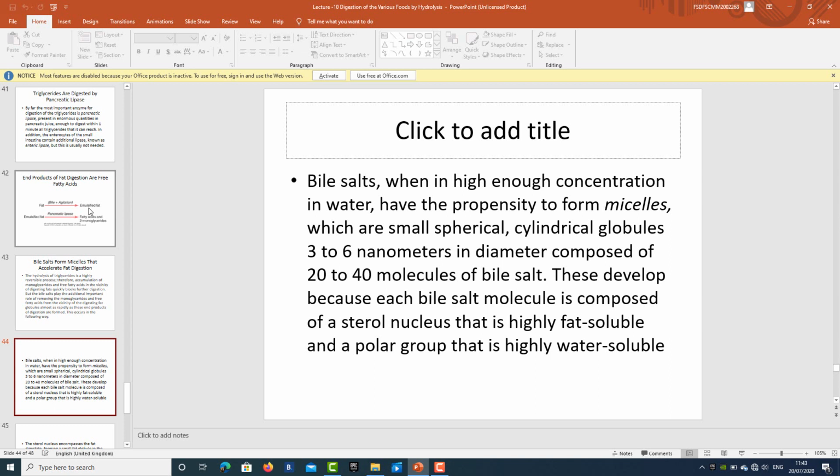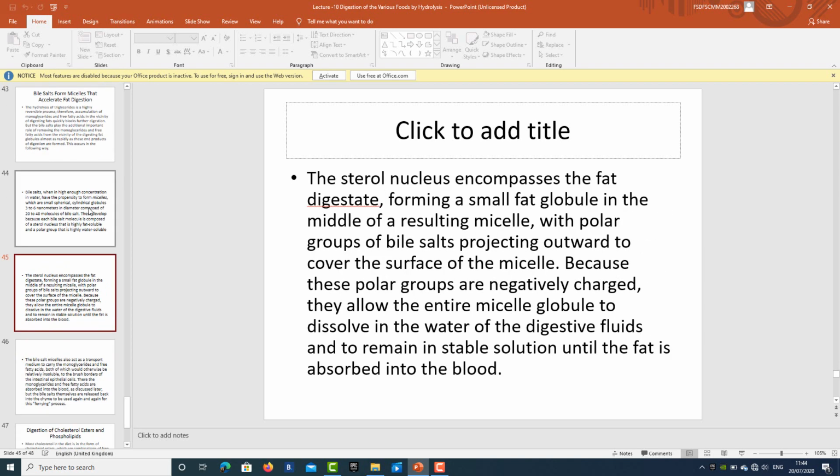Bile salts, when in high concentration, have a propensity to form micelles, which are small cylindrical globules 3 to 6 nanometers in size, composed of 20 to 40 molecules of bile salts. They develop because the bile salt molecule is composed of a sterol nucleus, which is highly fat soluble, and a polar group, which is water soluble.